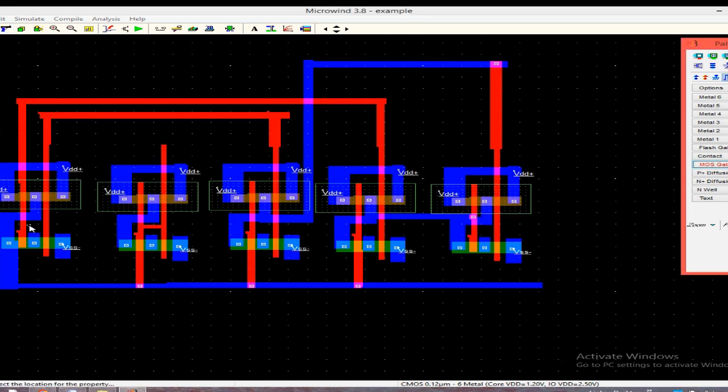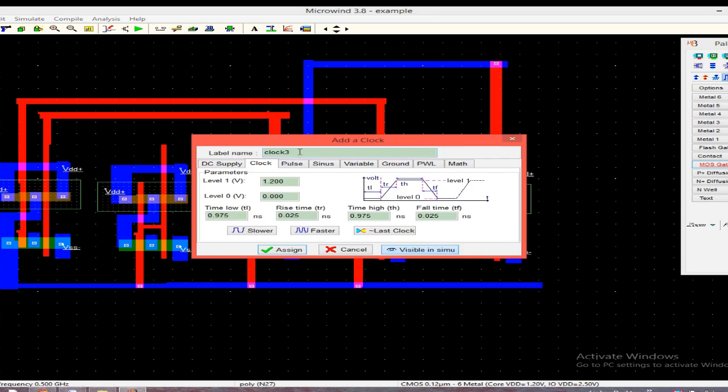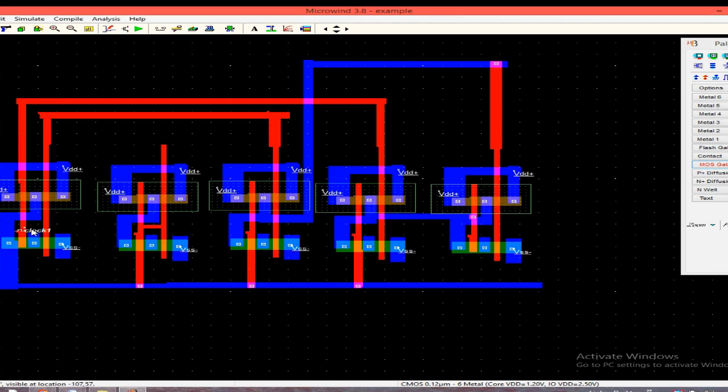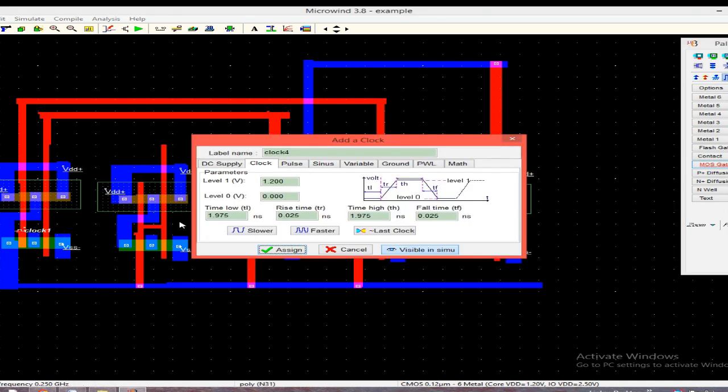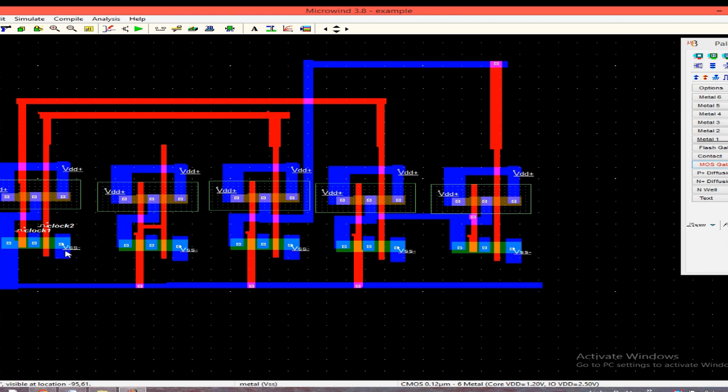First I have to take clock 1, then I have to take clock 2, just assign those, and after assigning, we will take the carry portion.